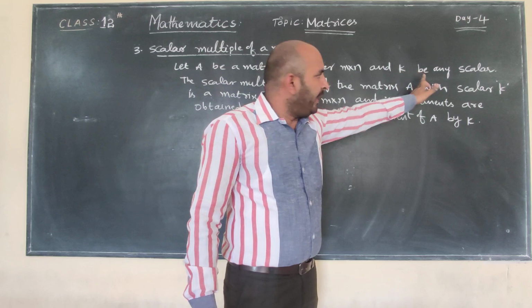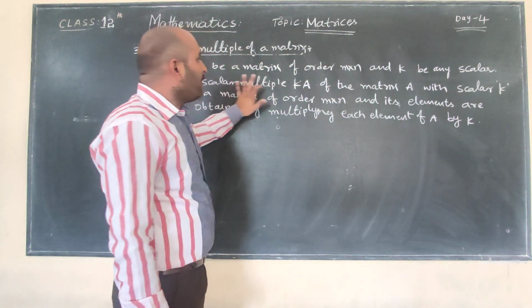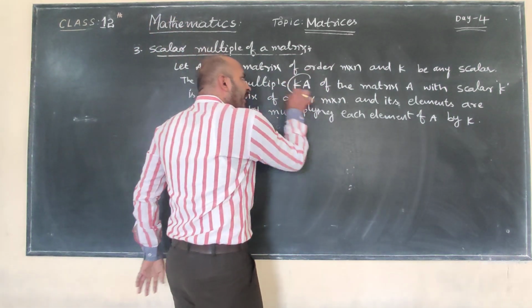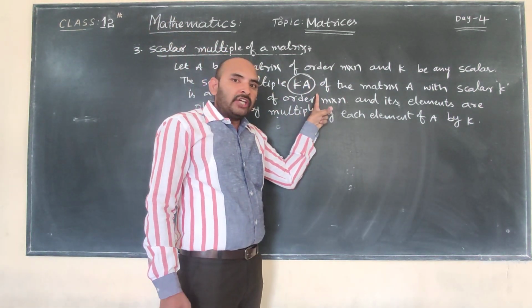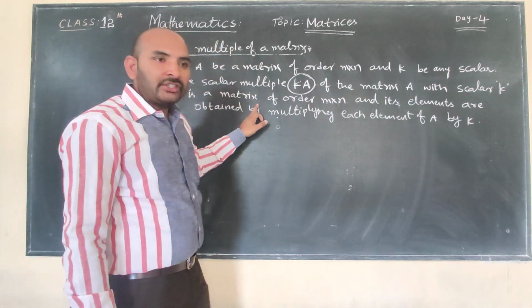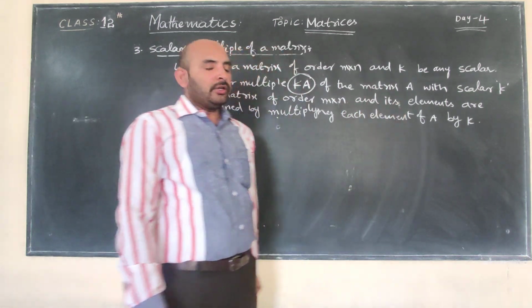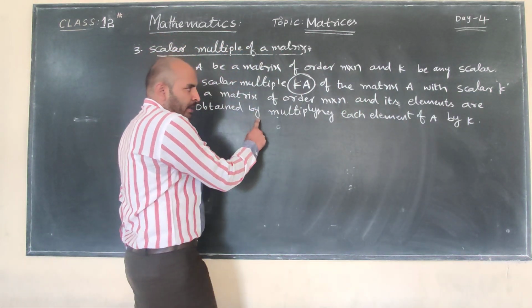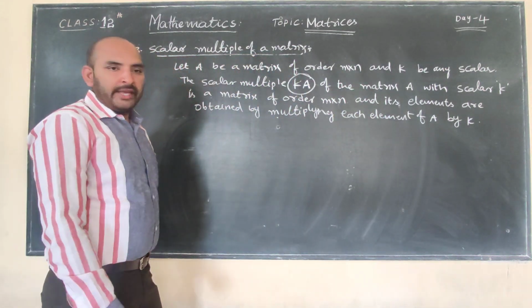And K be any scalar or constant term. Then the scalar multiple KA is also a matrix of the order m cross n, and its elements are obtained by multiplying each element of A by K.